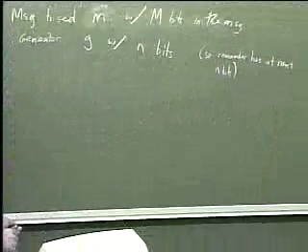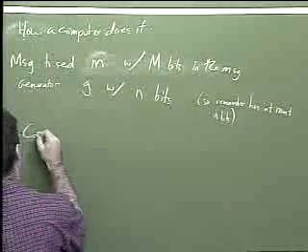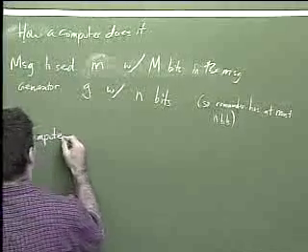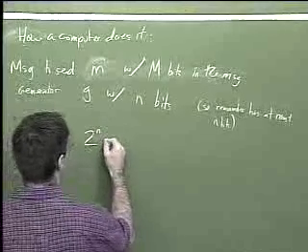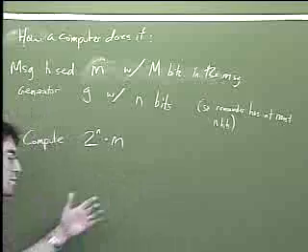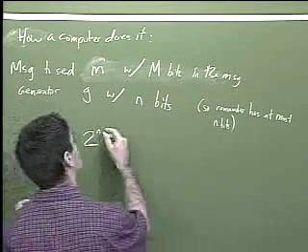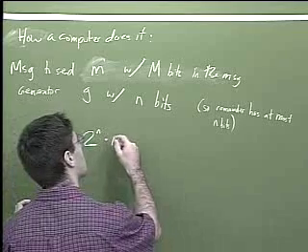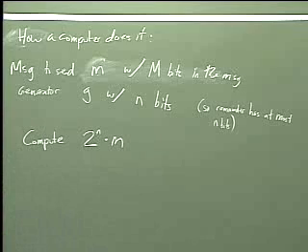Okay, and now here's what's done. Compute 2 to the n times m, which is basically padding, I guess, 2 to the 0. Yeah. You're padding n bits onto the end of m when you do this. Okay.